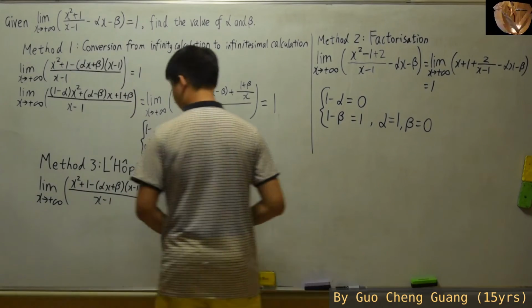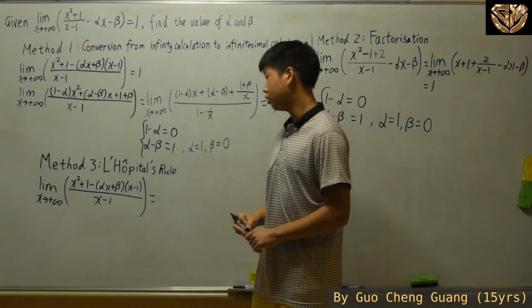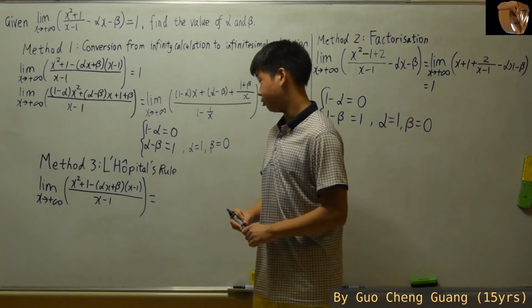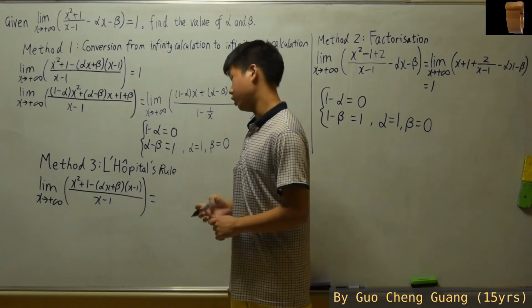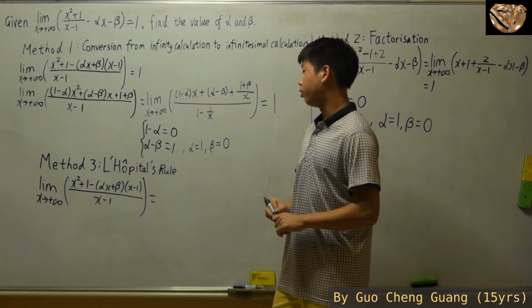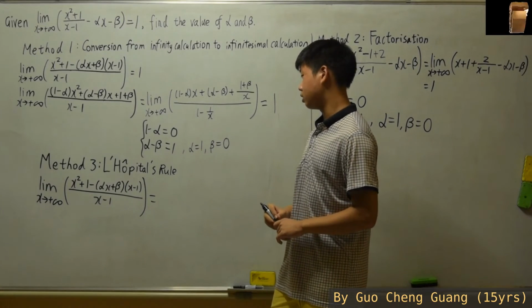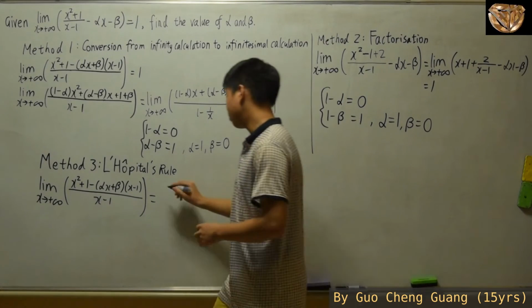So for this method, we do have an infinity over infinity situation. Well, it is continuous and differentiable, so yes, we will be able to use L'Hopital's rule on this.